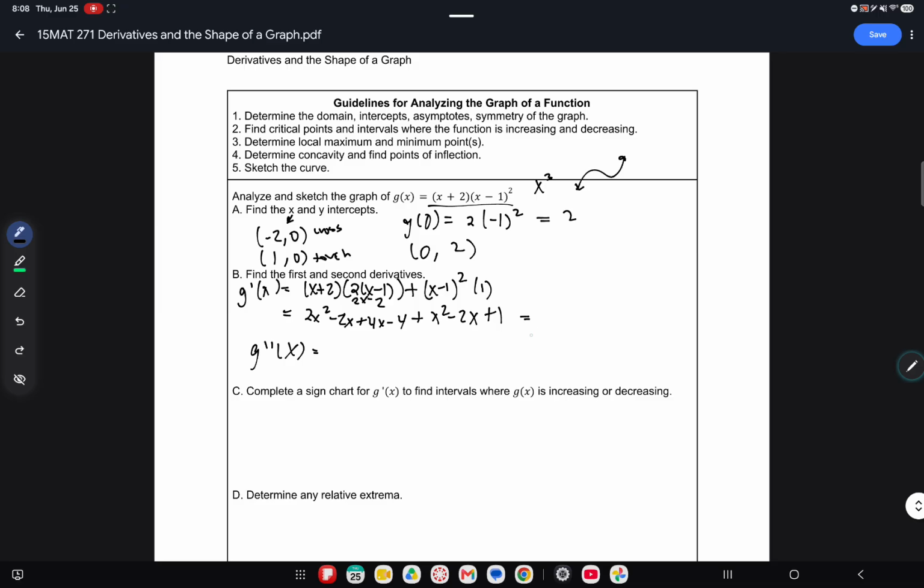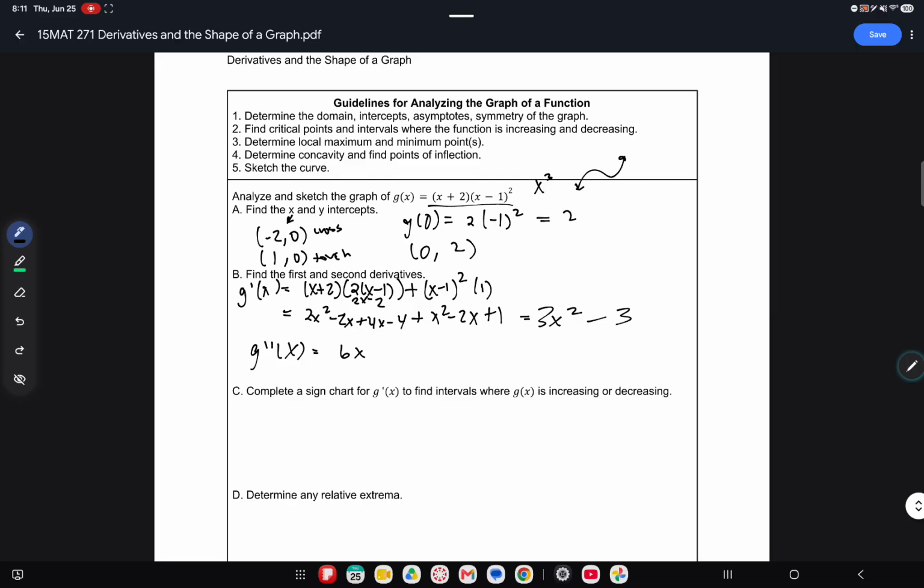So then let's combine my like terms. So we have 3x squared, the x's will cancel out, and then minus 3. So the second derivative is going to be 6x.